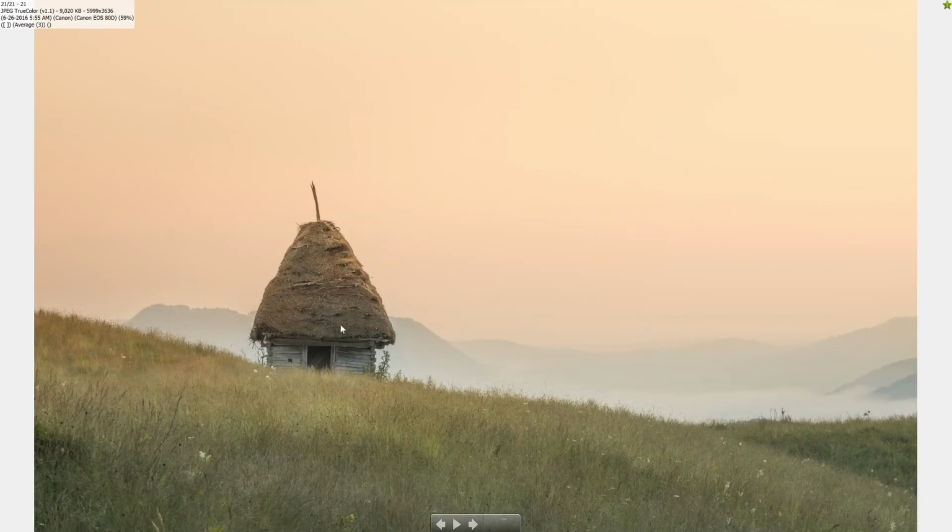And again, this small shack looks really beautiful, and the colors are the color scheme of the image. It's very minimalist if you want. So you have the redness of the sunrise, the grass, which is kind of a yellow orange, and then the hay from the house catches the light of the sunrise.